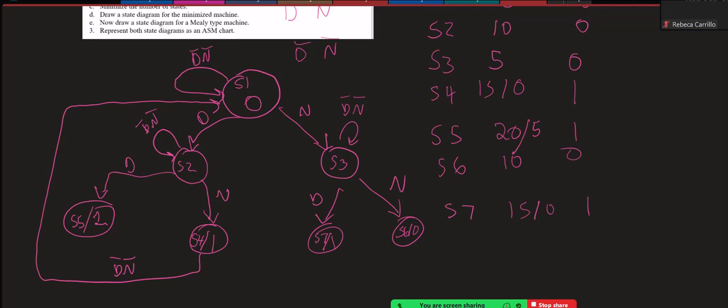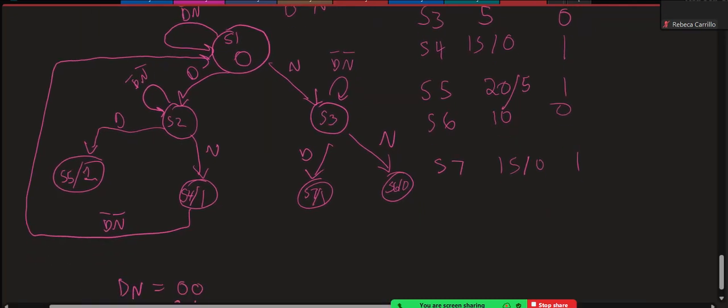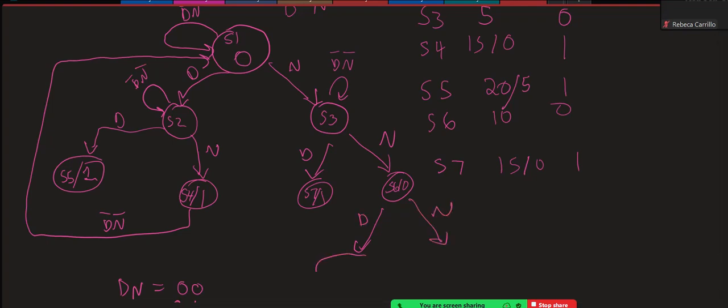So let's see what else really matters. S6 is important because I have 10 cents in there. So from S6, I could put in a dime or a nickel, and I would get S8 and S9.